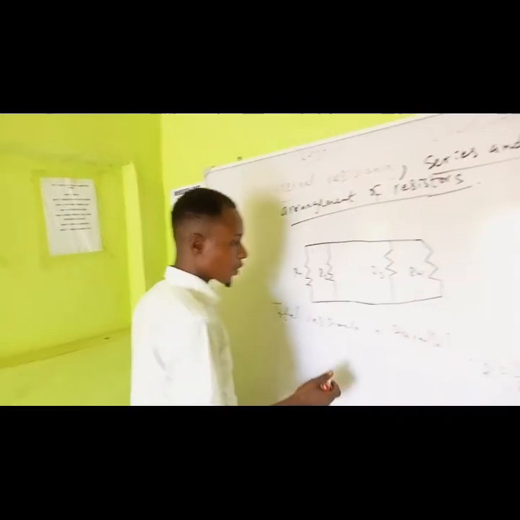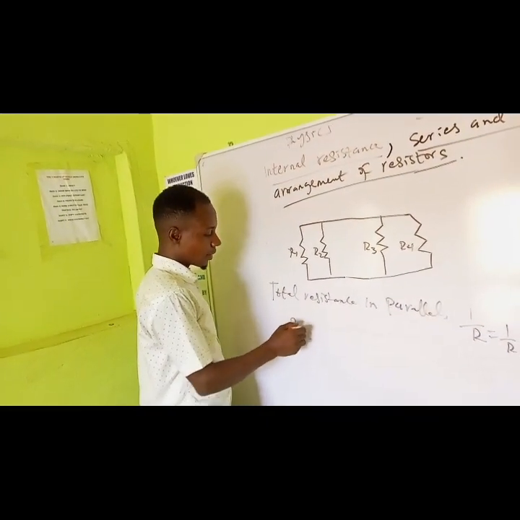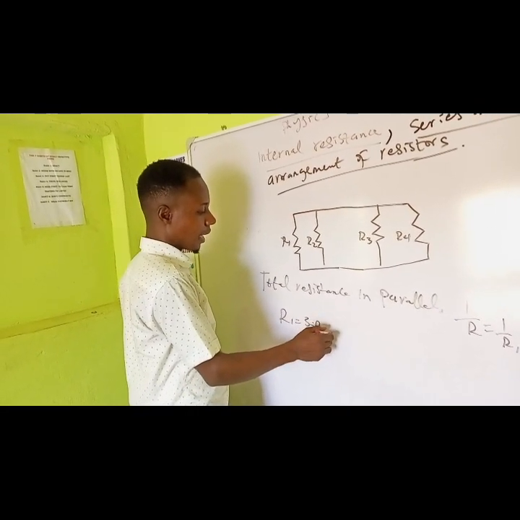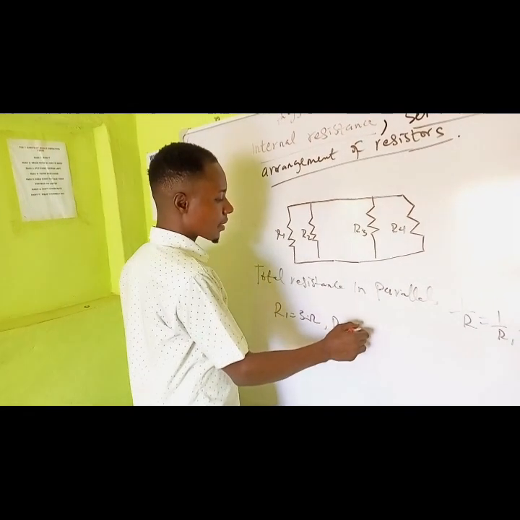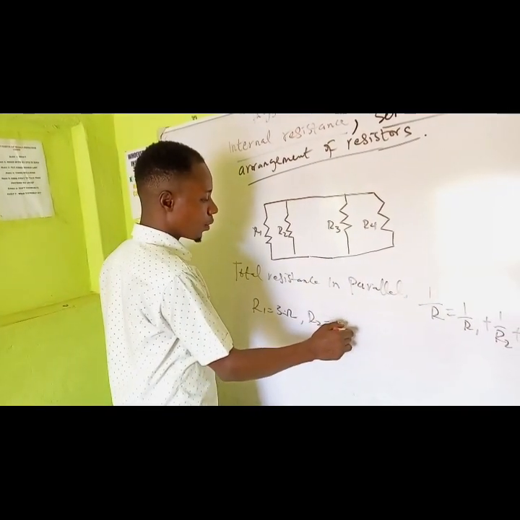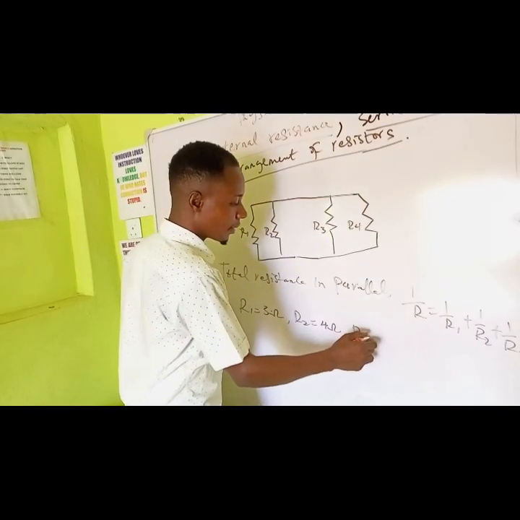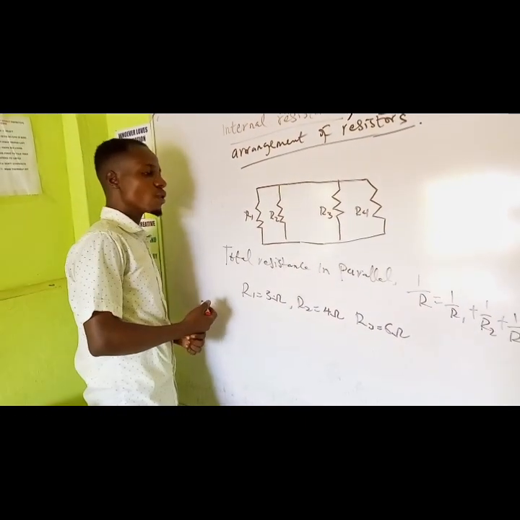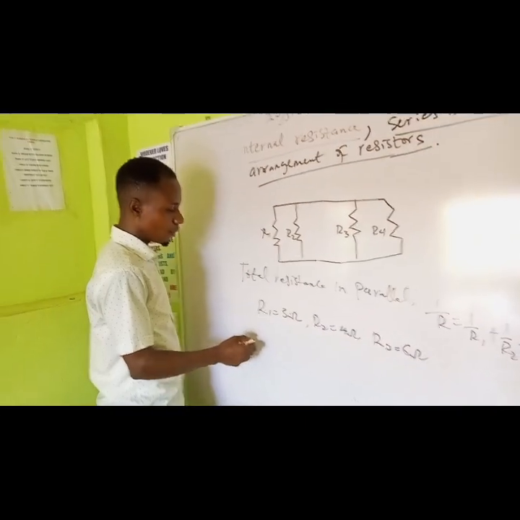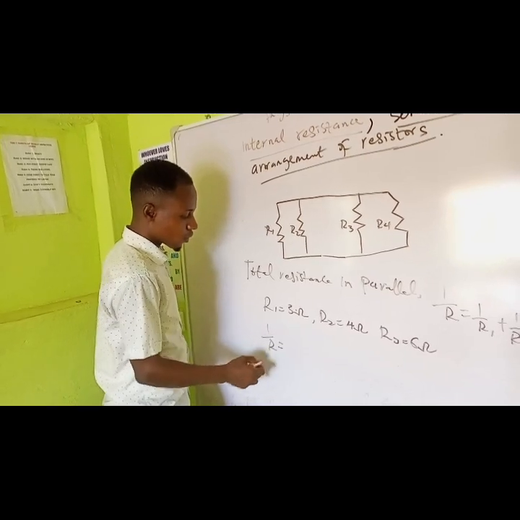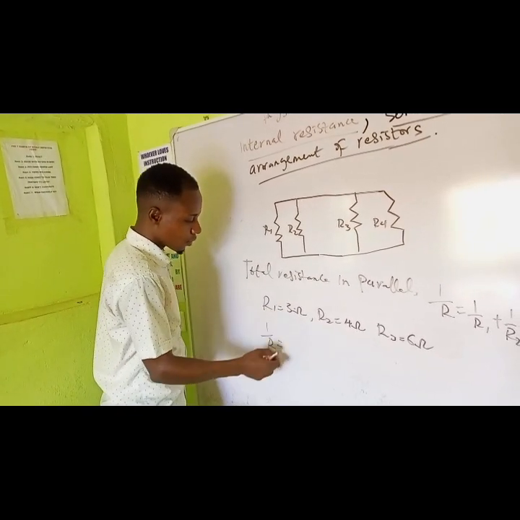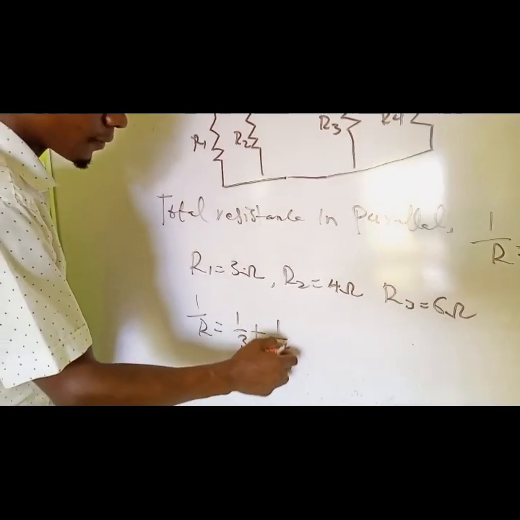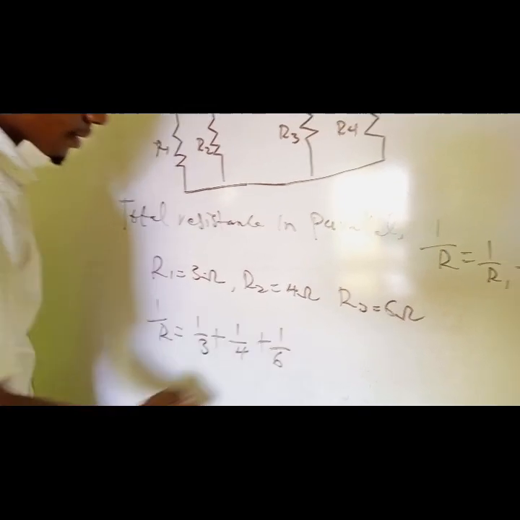So assuming now that the respective values, R1 is given as, let's say, 3 ohm, and then R2 is given as 4 ohm, and then your R3 is given as 6 ohm. And you're asked to get your total resistance in parallel. So it's going to be 1 over R equals, we already know the values, 1 over 3 plus 1 over 4 plus 1 over 6.